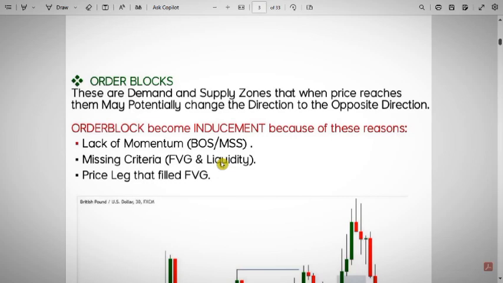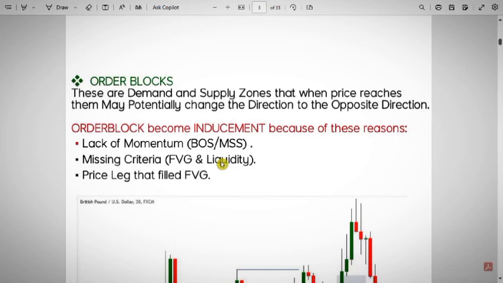So if you took an entry on a fair value gap fill, make sure you don't put your target so far. Just take a 1 to 2 risk to reward ratio, and close your trade as fast as you can before price starts to reverse, because the moment price starts to reverse, it's going to reverse aggressively and sweep that leg that filled the fair value gap.